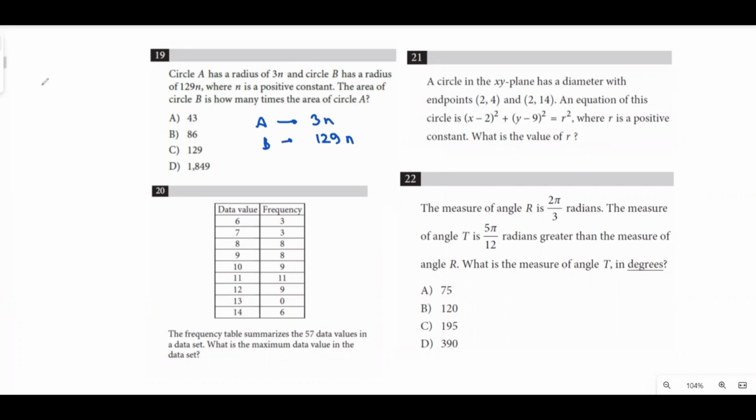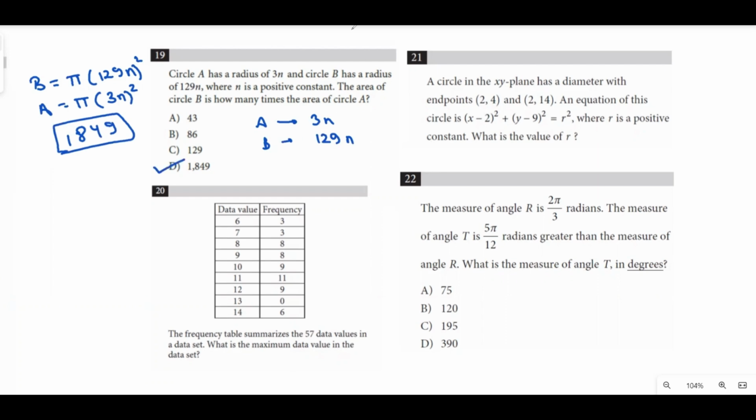So I can directly say that circle B has area pi r square, where r is 129n whole square. And A has area pi r square, that is pi into 3n whole square. If I take the ratio of both of them, I will get 1849. By using a calculator, I can get this value, which is option number D.